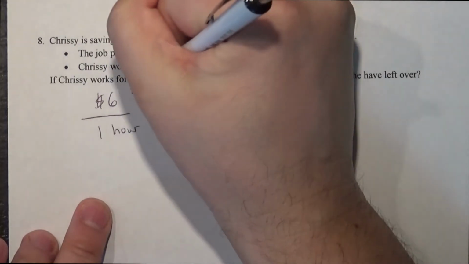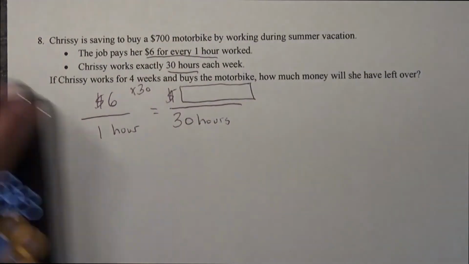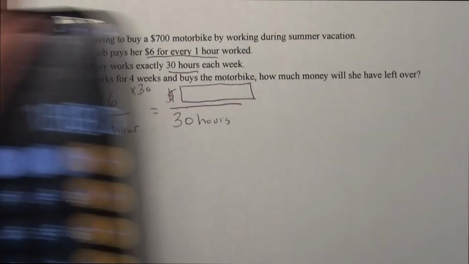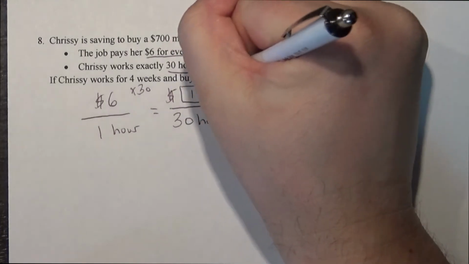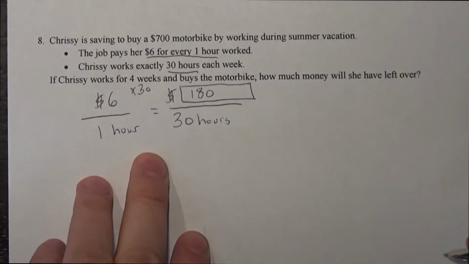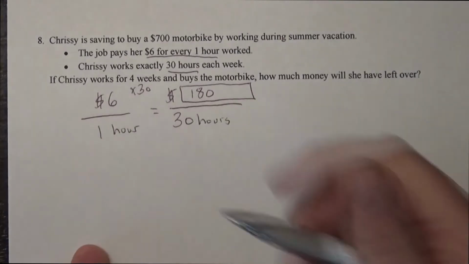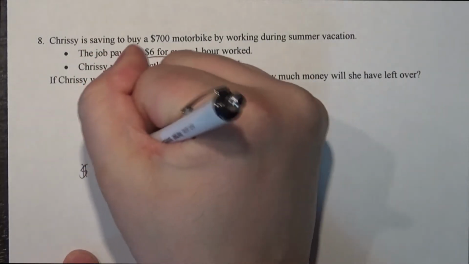So I need to take 6 times 30 to figure out her weekly pay. If I don't know what that is, I've got my calculator. That's 180. That's math I could have done easily, but the calculator just makes it even easier. That means she's making $180 for 1 week.